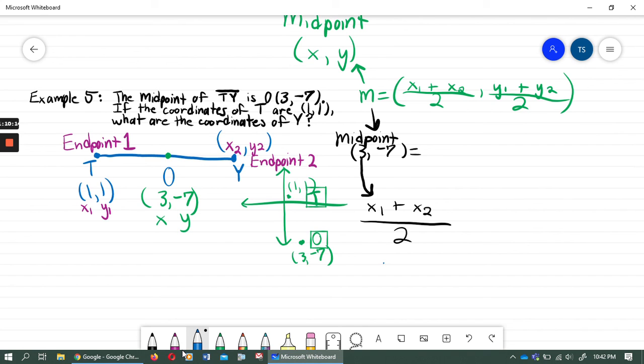So what we want to do is make 2 equations: one for the x value and one for the y value. Make 2 equations, guys.